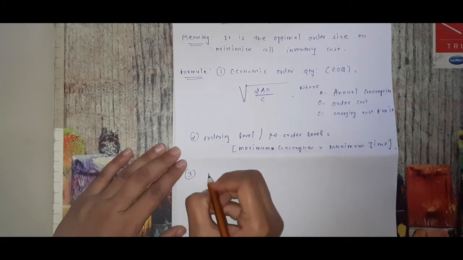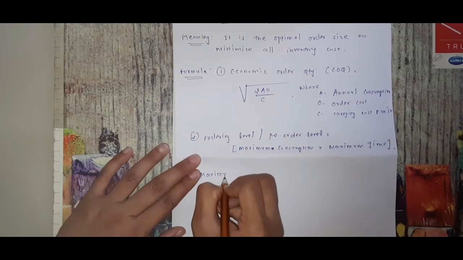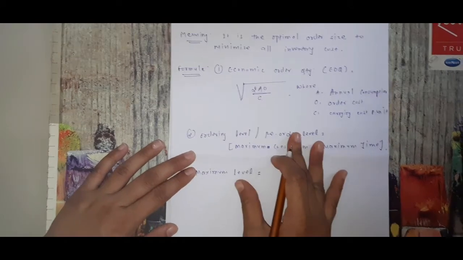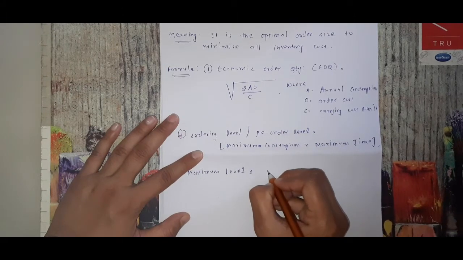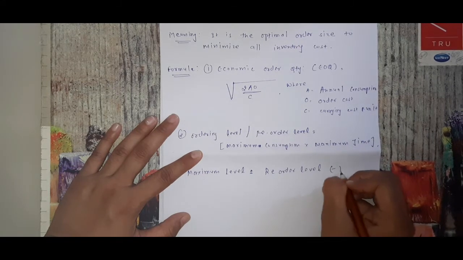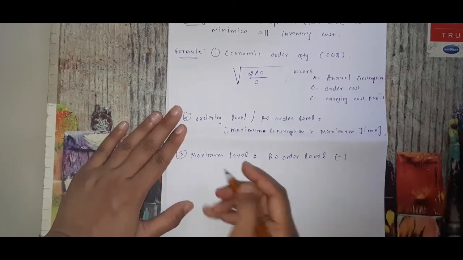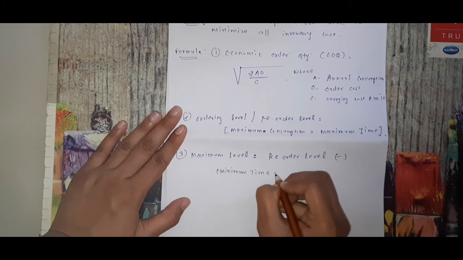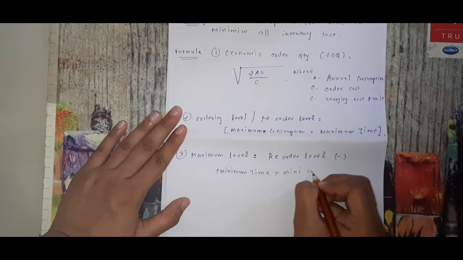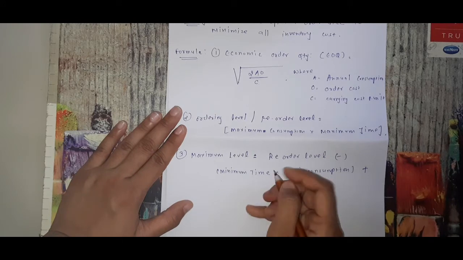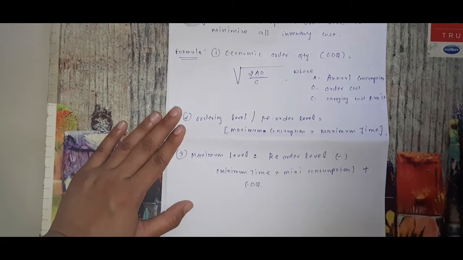Third formula is maximum level. How to find maximum level? For this we have to apply this formula, reorder level minus minimum time into minimum consumption plus economic order quantity.